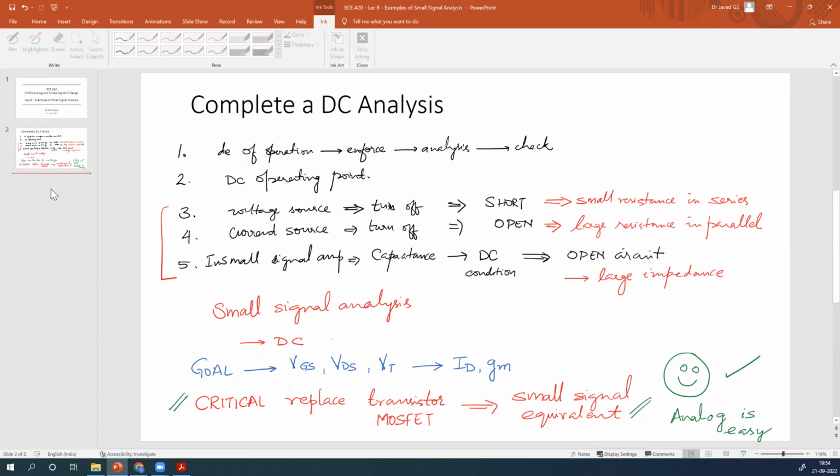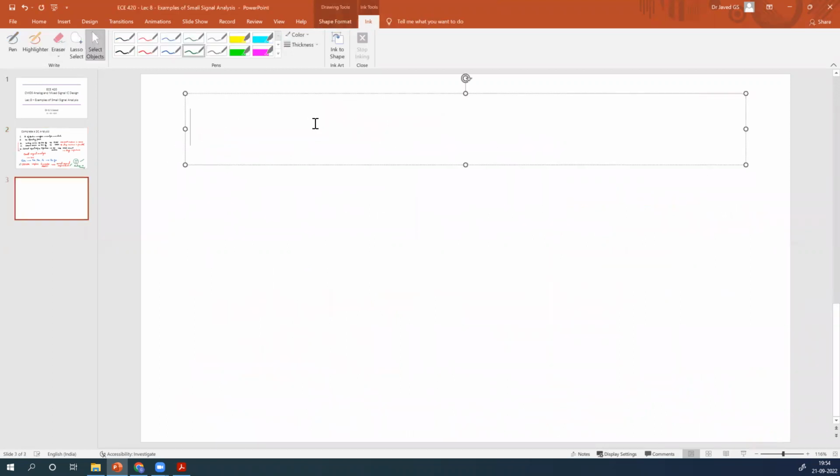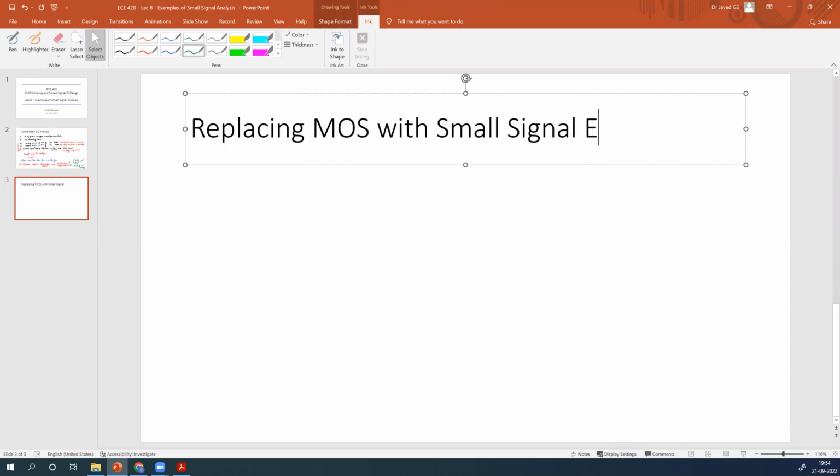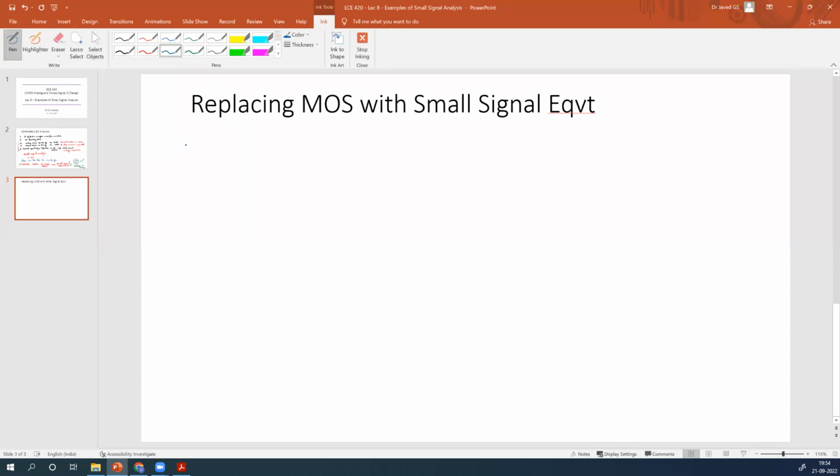What are the things needed? Replacing the MOS with its small signal equivalent. Now, what happens when you replace? First of all, you need to understand there is always a human element here.